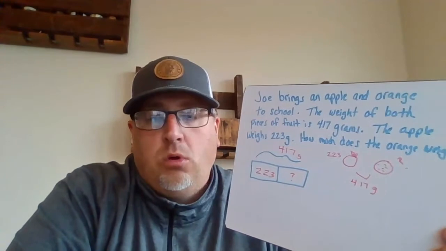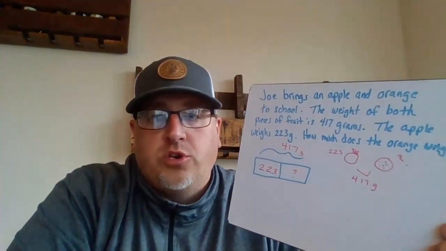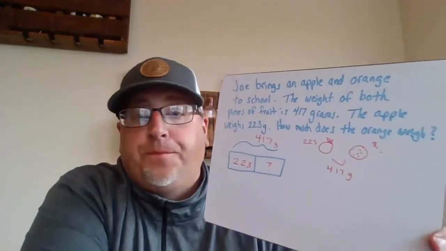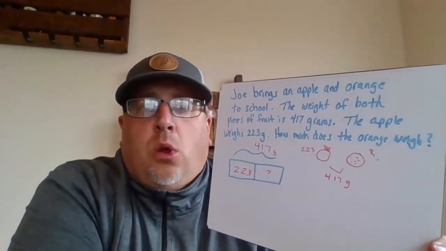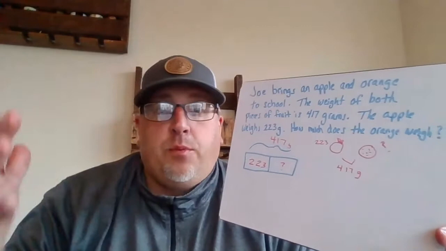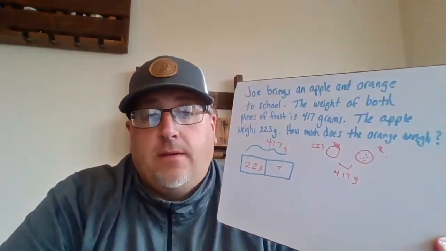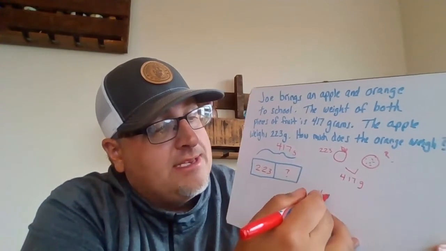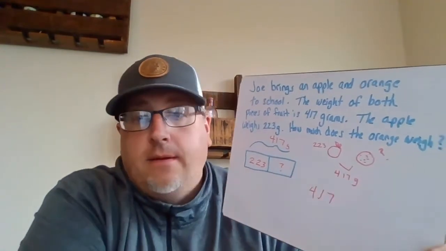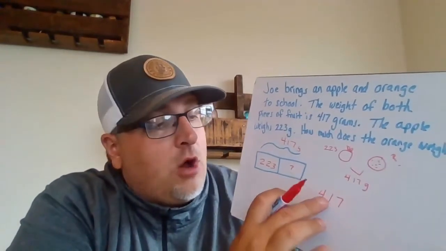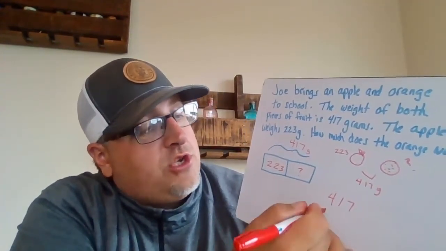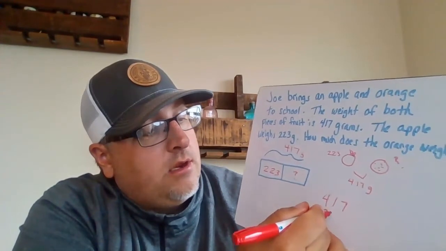We don't know what the orange weighs, and that's what we're trying to figure out. Okay? We're trying to figure out what goes here. So we know what both of them weigh. All right? We know both weigh 417. Okay? And we know that the apple weighs 223.